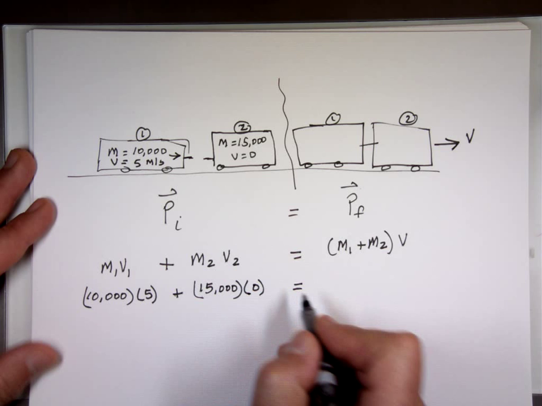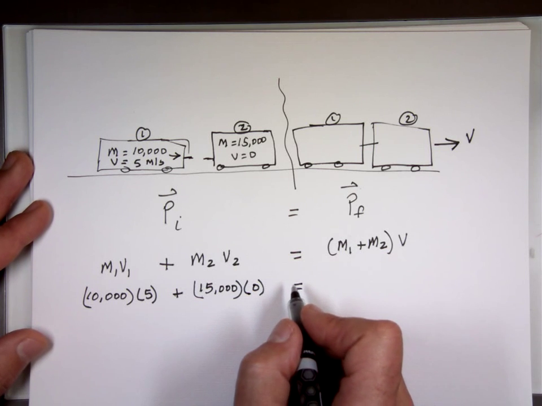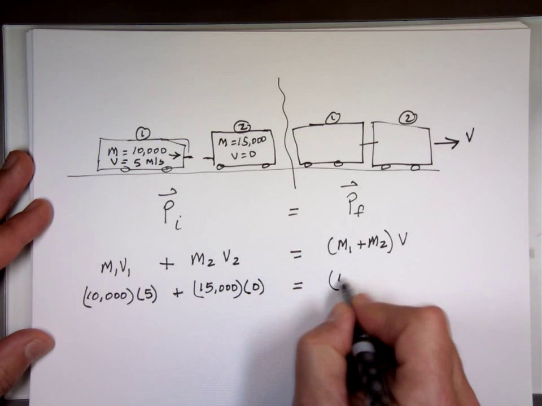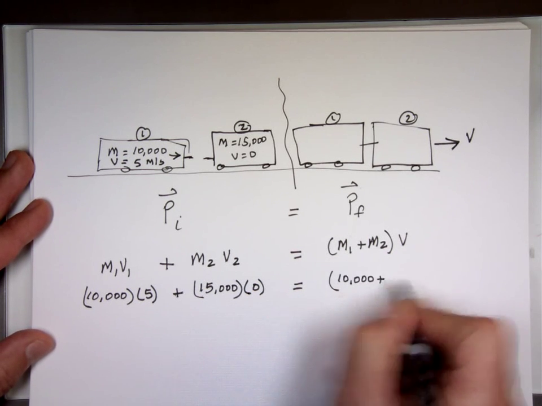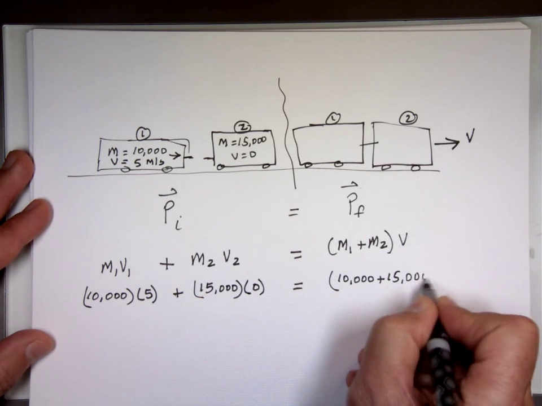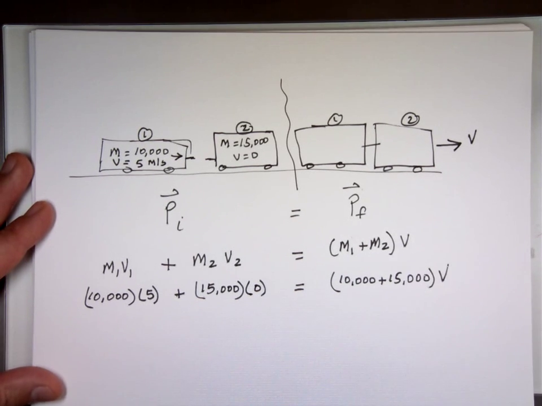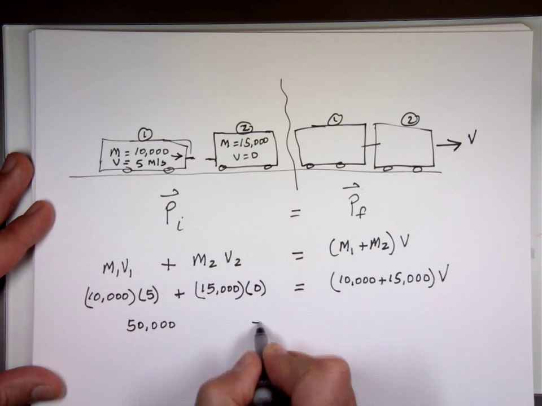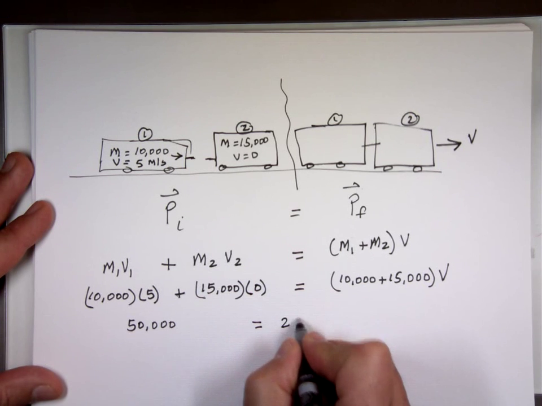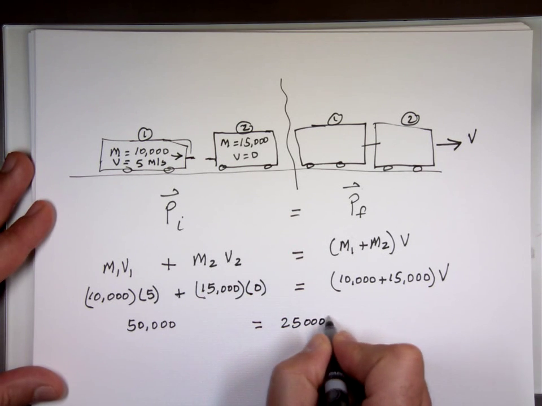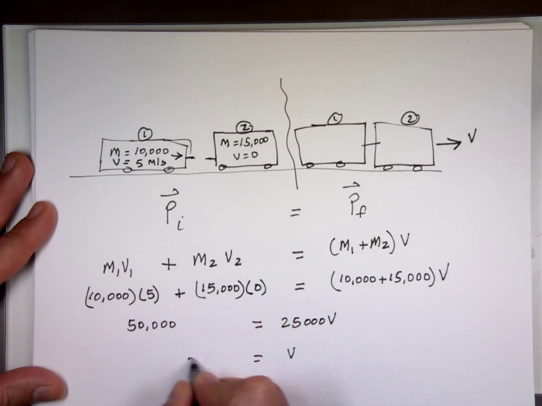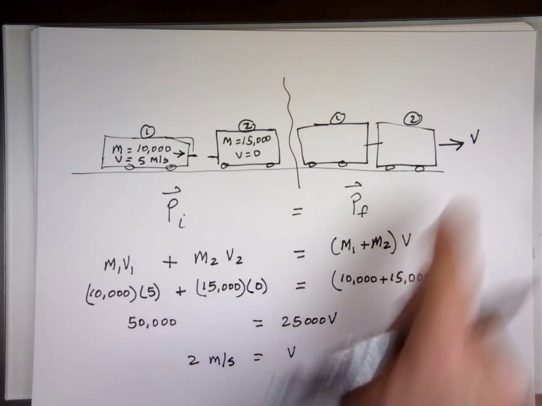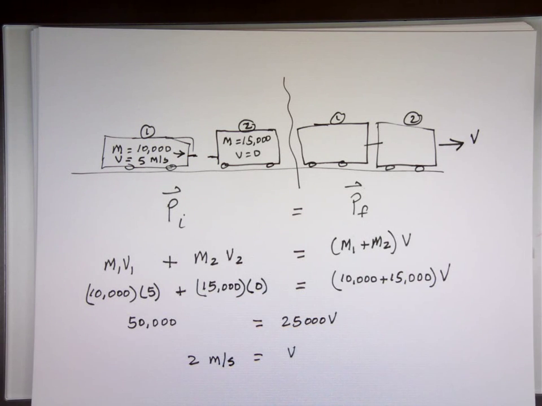That equals the combined mass, which is 10,000 plus 15,000, times V. So 50,000 equals 25,000 times V. What's V equal to? 2 meters per second. Notice it's a positive value. That means the direction I assumed it would move is correct.